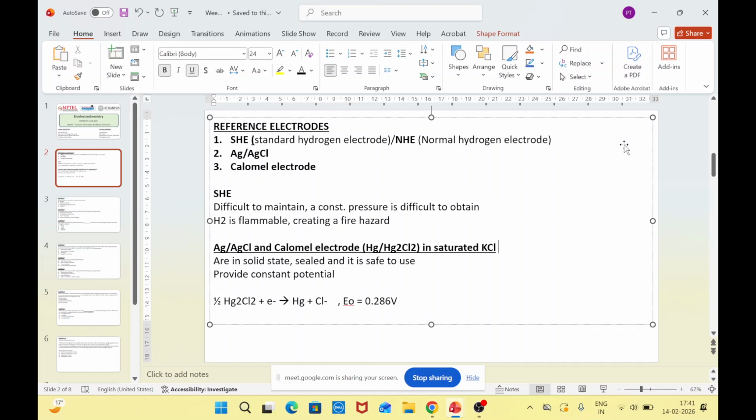So again, this is about the reference electrodes, their operation, and the way they need to be maintained requires expertise. There is a lot of content on how to maintain these reference electrodes and how to service them in case of any problem. So I encourage all of you to watch some of those videos.